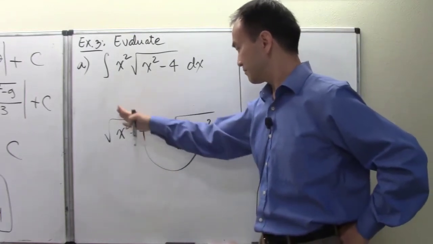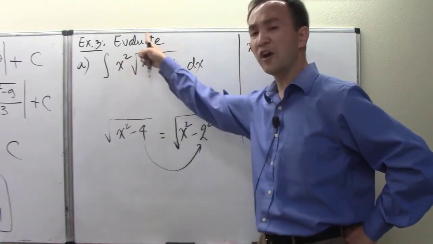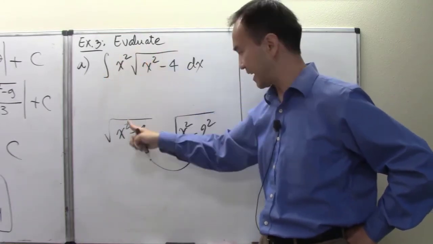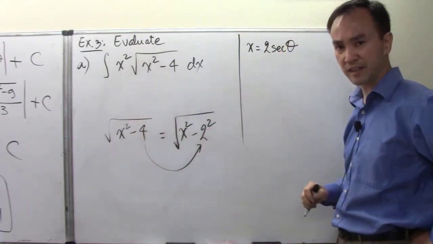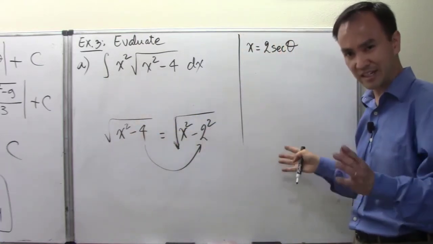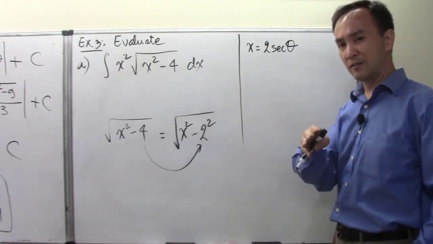The square root expression here, once again, is only one part of the whole function in our integral problem. But once we recognize that, we can start letting x equal 2 secant of theta, under the requirement, again, that theta has to be anywhere from minus pi over 2 to pi over 2.